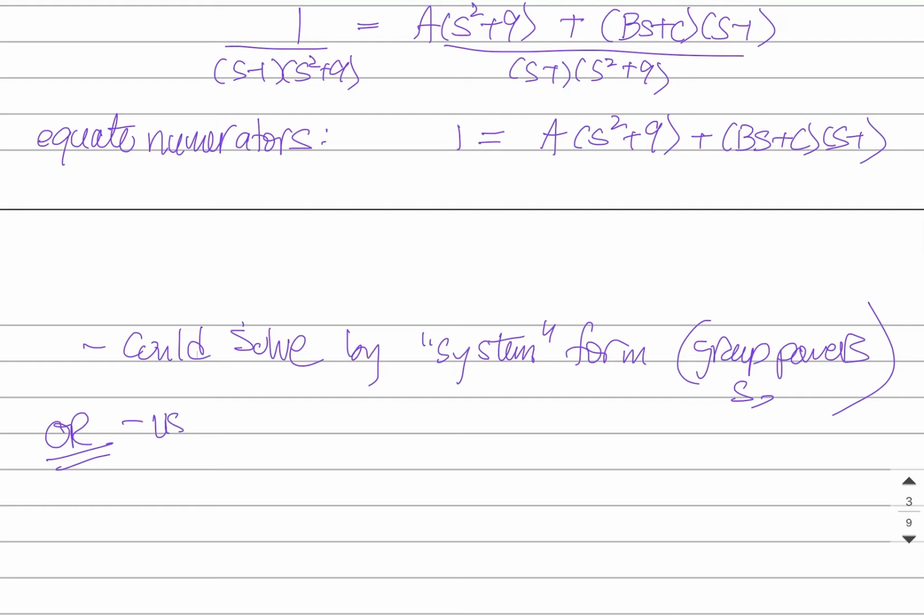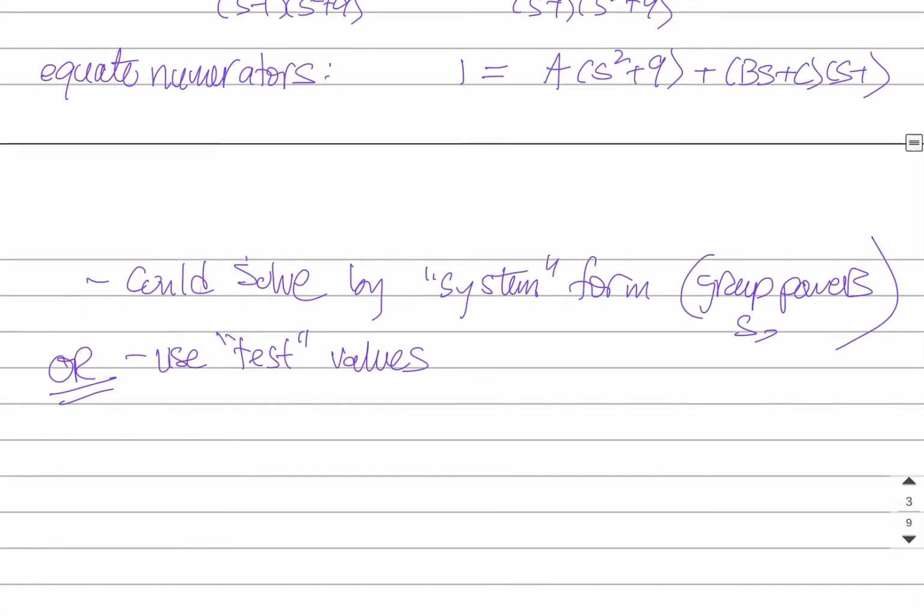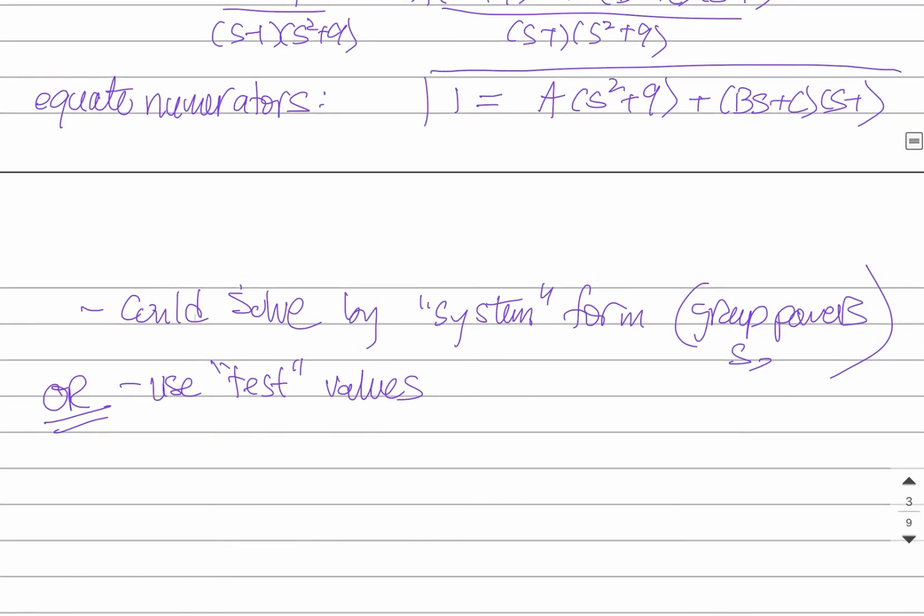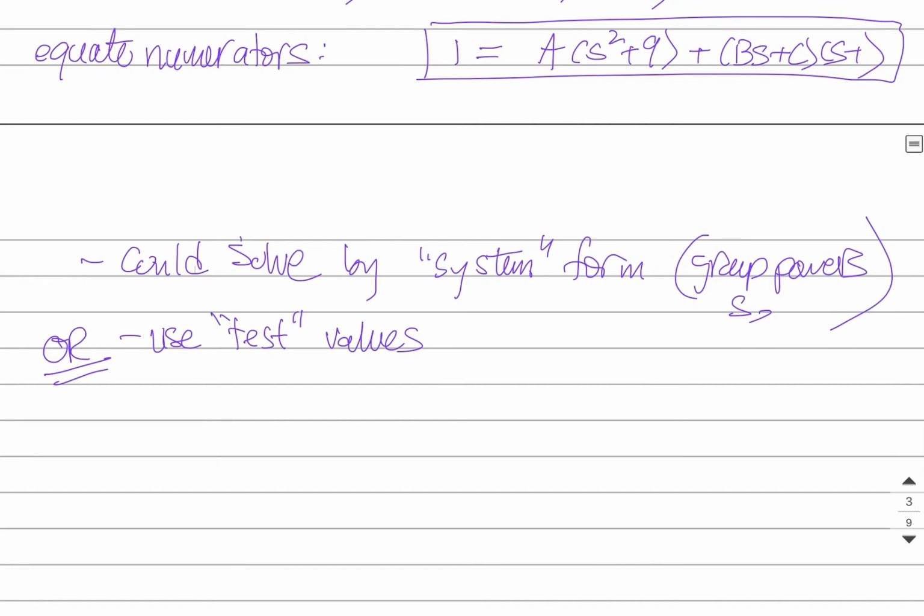We're going to use what are called test values. If these two expressions really are the same, they should hold no matter what value of s I pick. So I'm going to choose convenient values. What do I mean by that?